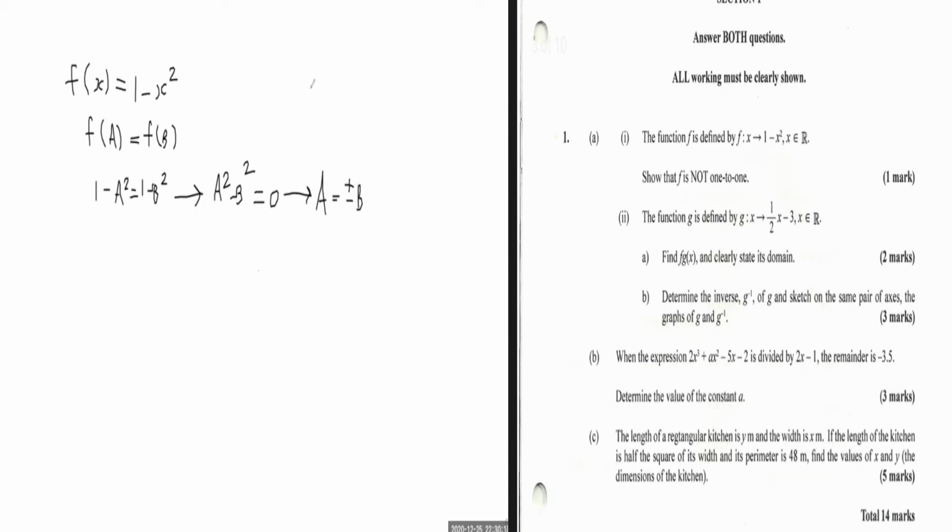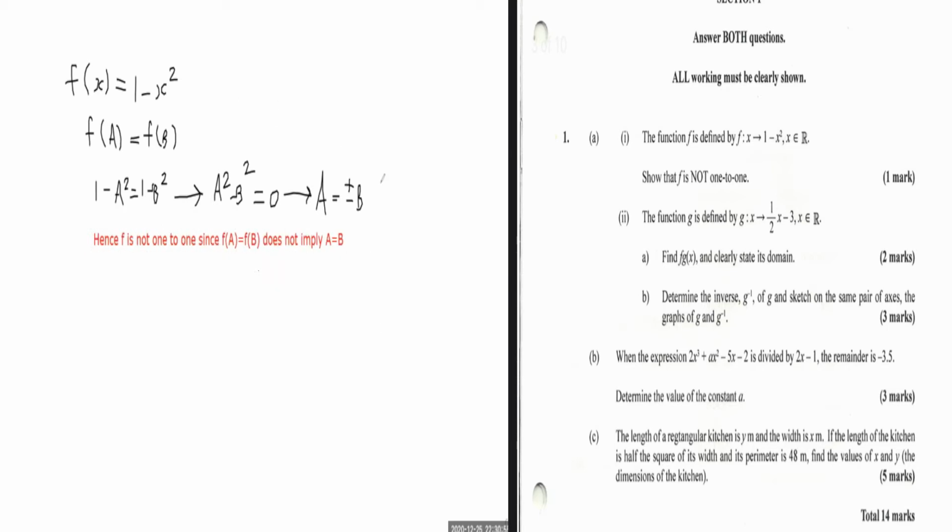And so hence, f is not 1 to 1, since f of a equal f of b does not imply a equals b. That's one reason why it is not 1 to 1.